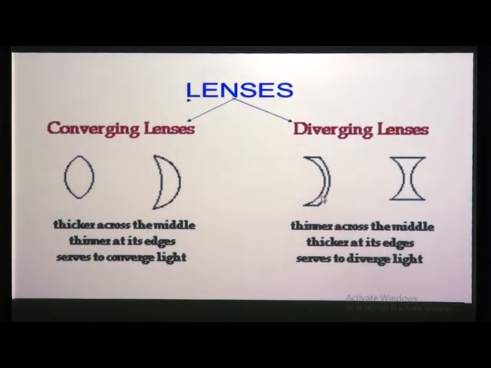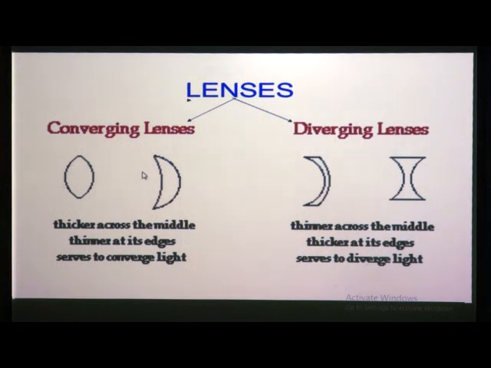As compared to the middle of this lens, its edges are thicker. These two edges you can see are thicker than the middle. This type of lens is called a diverging lens, and here you can see these are converging lenses.